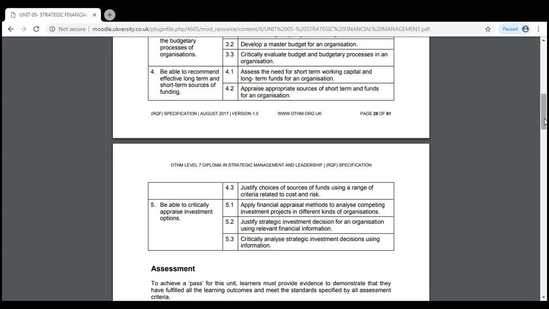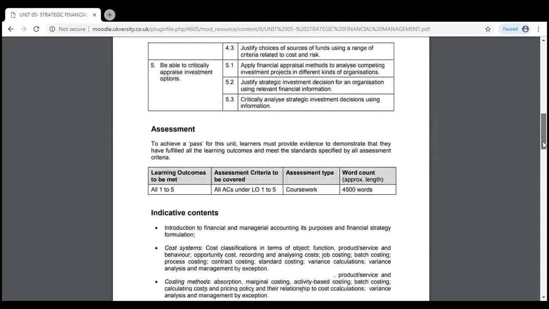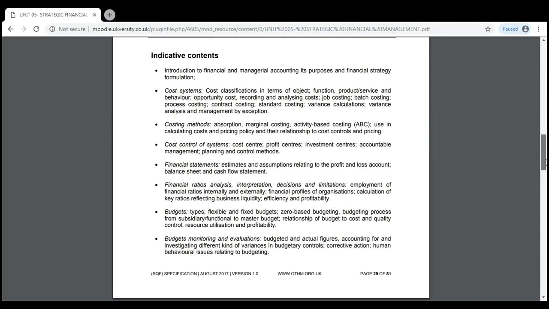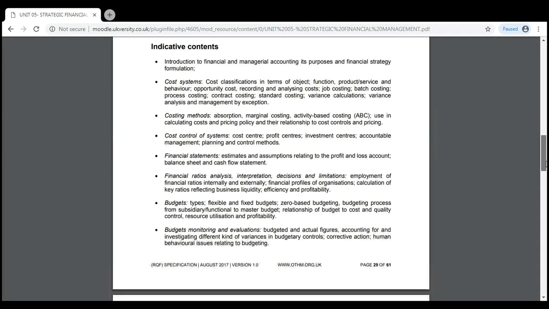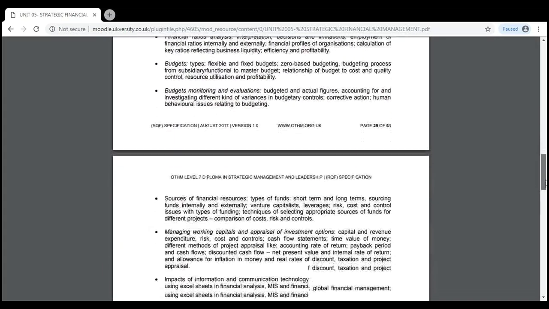We'll go through this, then justify which source of finance you want to use and why. This is under learning outcome 4, which we'll discuss today. Learning outcome 4 is inductive content, so guys, when you're preparing your assignment, please try to focus on the inductive contents.